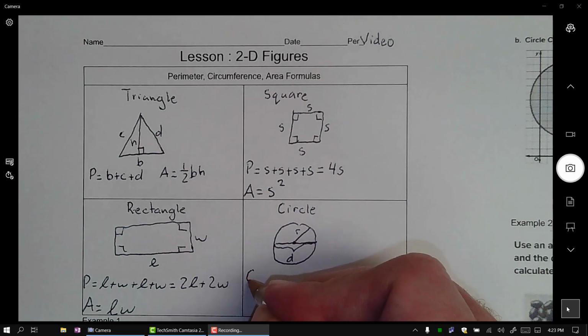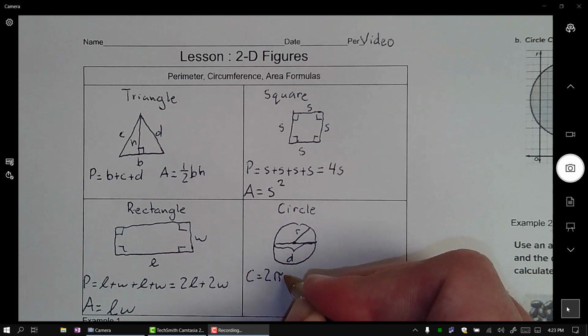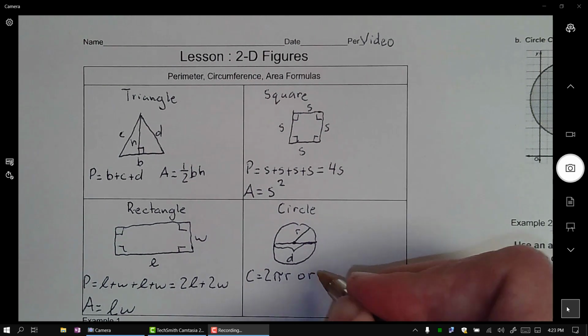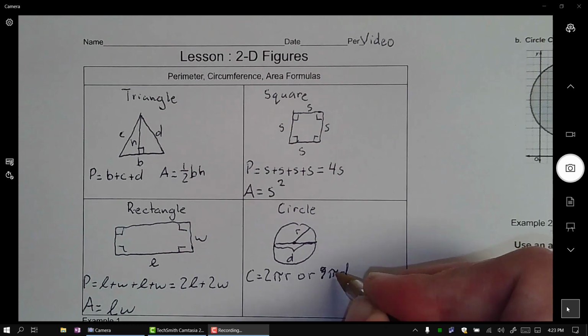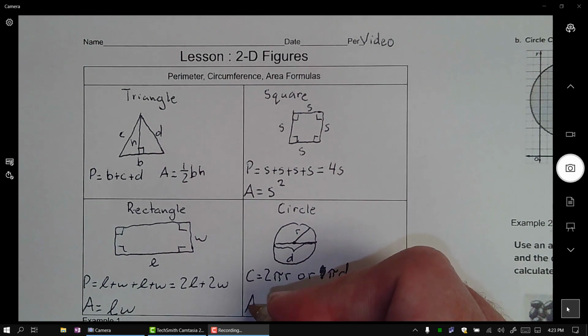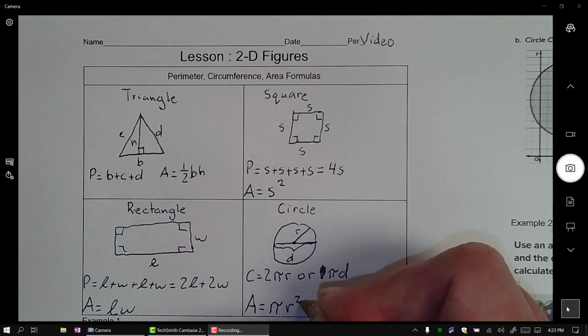So our circumference formula is 2 times pi times radius, or pi times diameter. So those are 2 formulas for the circumference. For area, it's pi times radius squared.